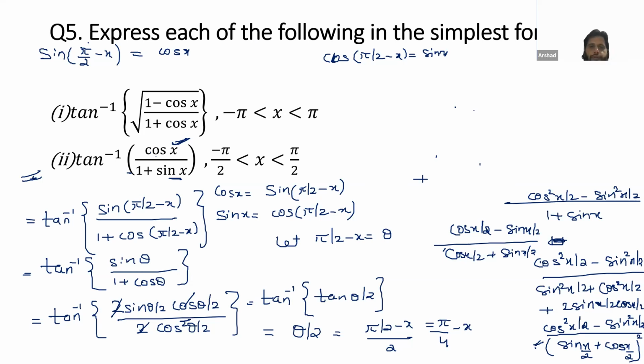Fahad, is it clear? The formula was cos square theta minus 1. I have given two direct formulas for 1 plus cos theta. You have not noted down those formulas? 1 plus cos 2 theta and 1 minus cos 2 theta. Okay, sir, got it.